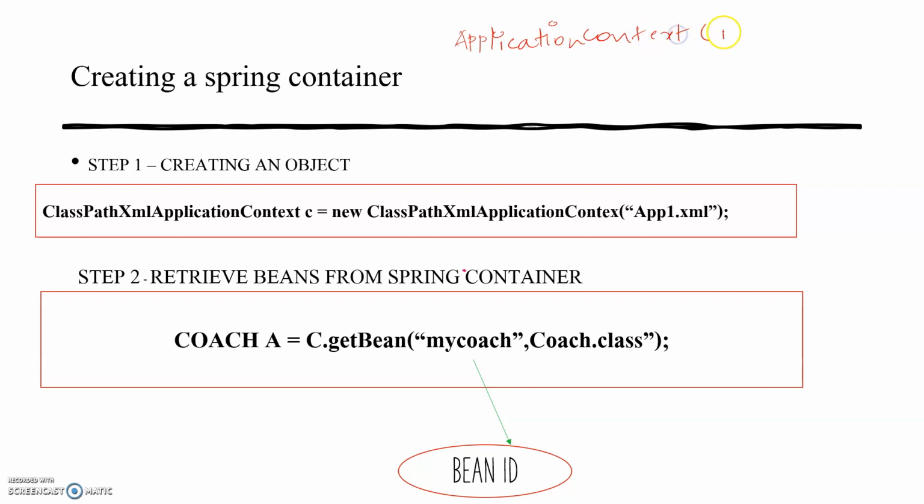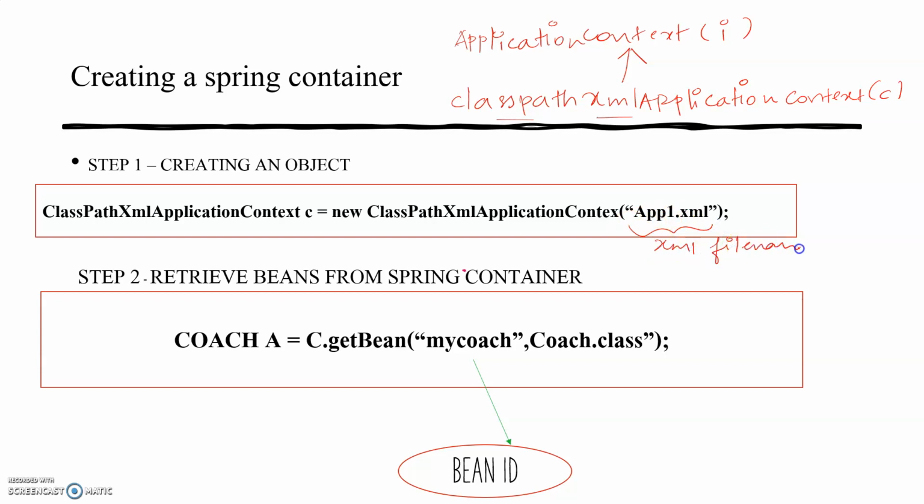We know ApplicationContext is an interface, and ClassPathXmlApplicationContext is the class which implements the ApplicationContext interface. So by creating an object of it, we can configure our XML file. This is where you give your XML file name. Whatever file name you have given, that respective file name .xml you need to give.